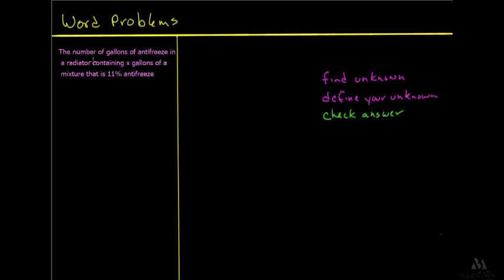All right, so what are we looking for? Well, we're looking for the number of gallons of antifreeze. And so let's just use that again. I'm just going to use A for the number of gallons of antifreeze.